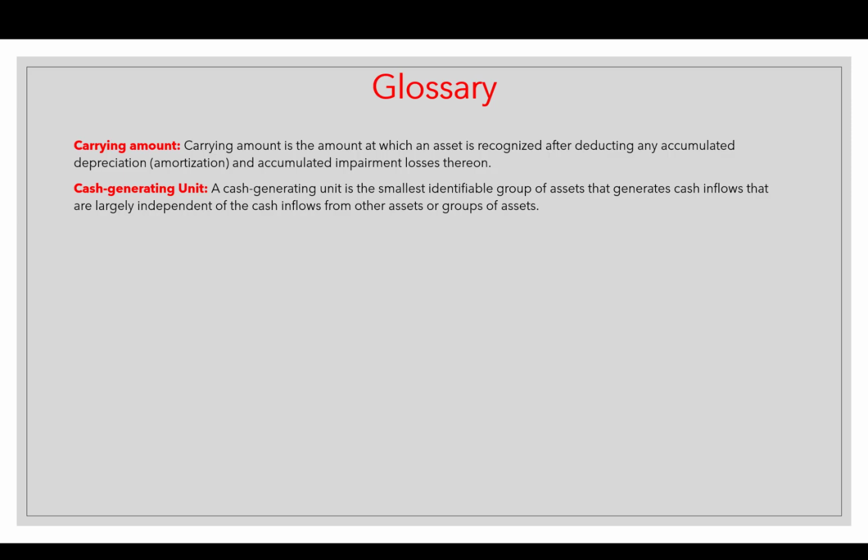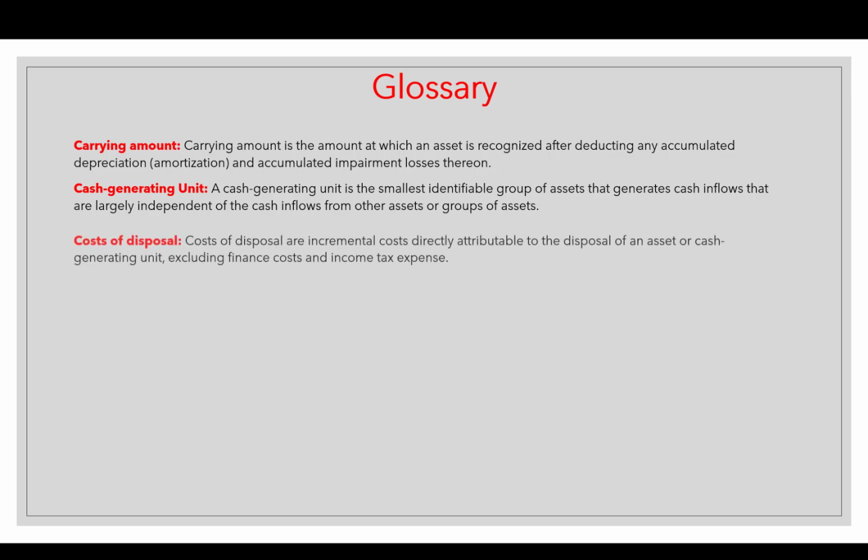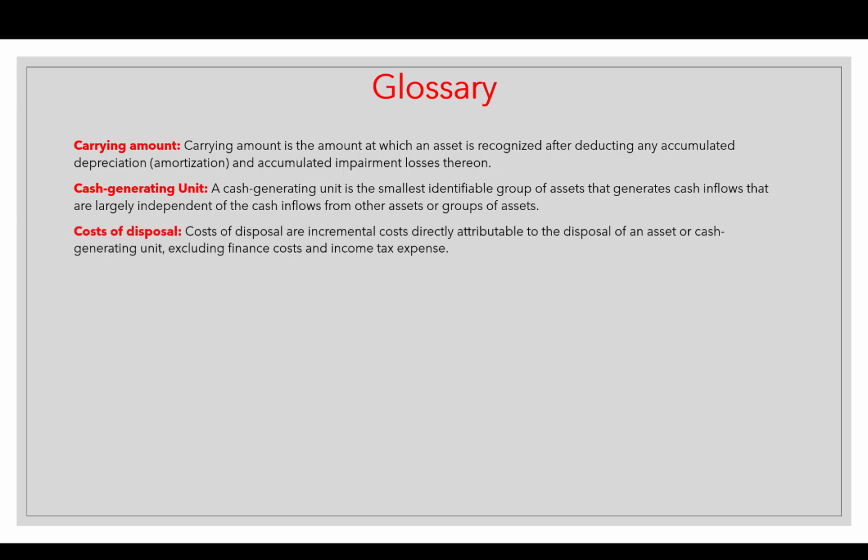CGU, a cash generating unit, is the smallest identifiable group of assets that generates cash inflows that are largely independent of the cash inflows from other assets or groups of assets. Costs of disposal are incremental costs directly attributable to the disposal of an asset or CGU, excluding finance costs and income tax expense.